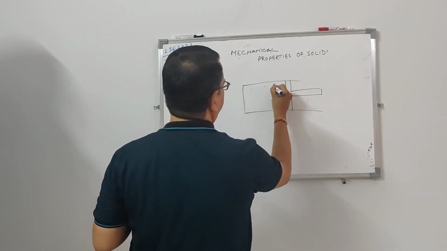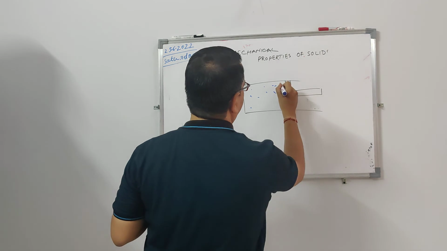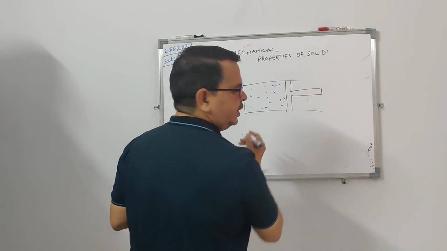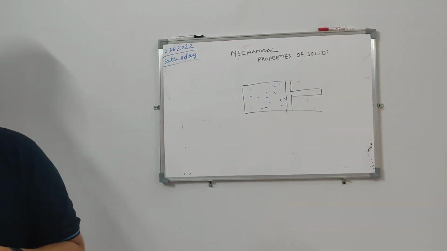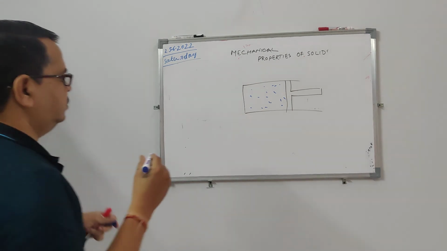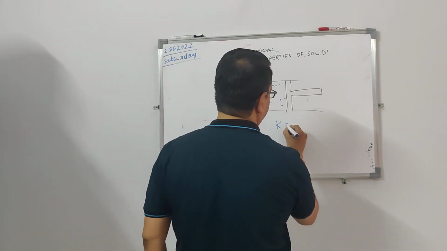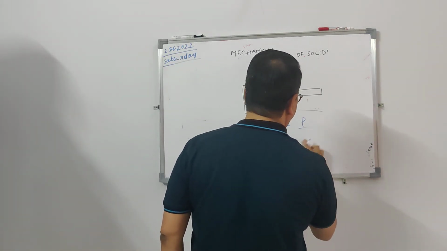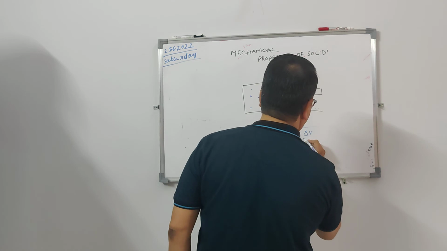I am pressurizing it. They are asking the ratio of hydraulic stress to corresponding strain. I know that is nothing but your bulk modulus, so P divided by volumetric strain.